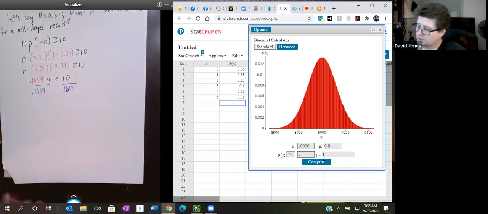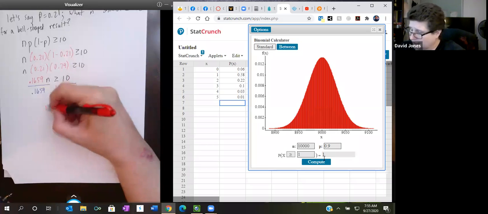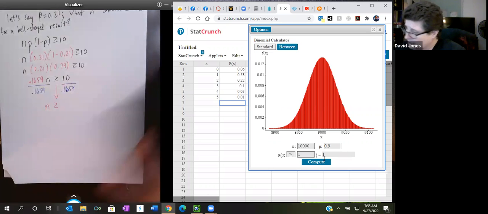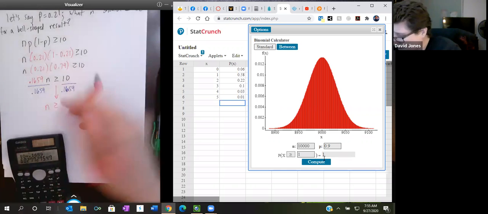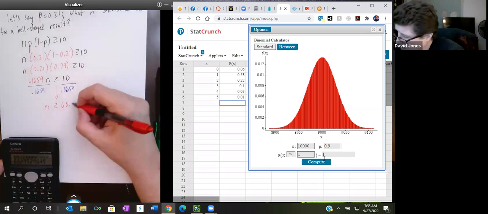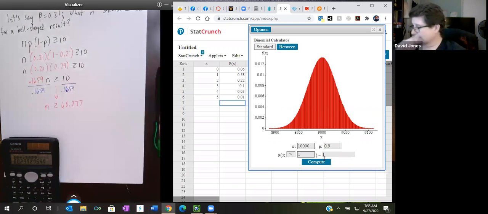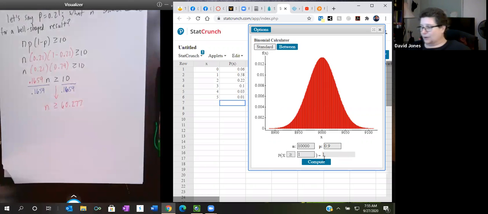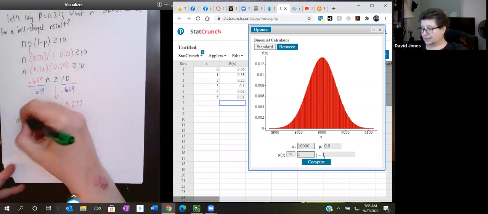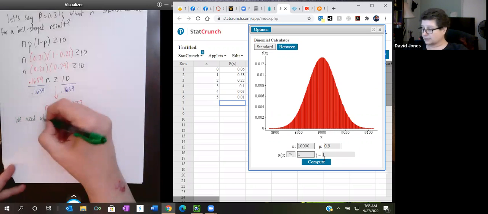If I do, on the left all we have left is n. And 10 divided by 0.1659 is 60.277. Since I can't do 60.277 samples, we pick the next largest number. We need at least 61 trials.